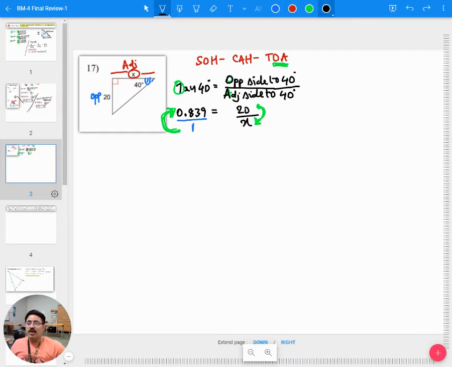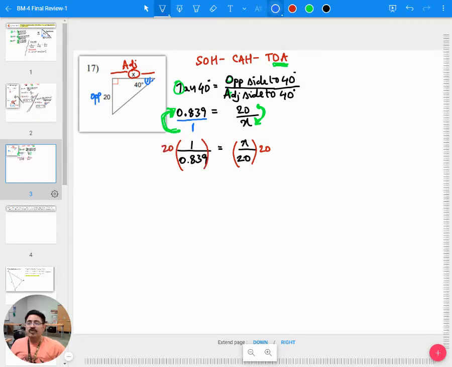That means 1 over 0.839 equals x over 20. Now here it is easy, because in order to isolate the variable, we multiply by 20 on both sides.